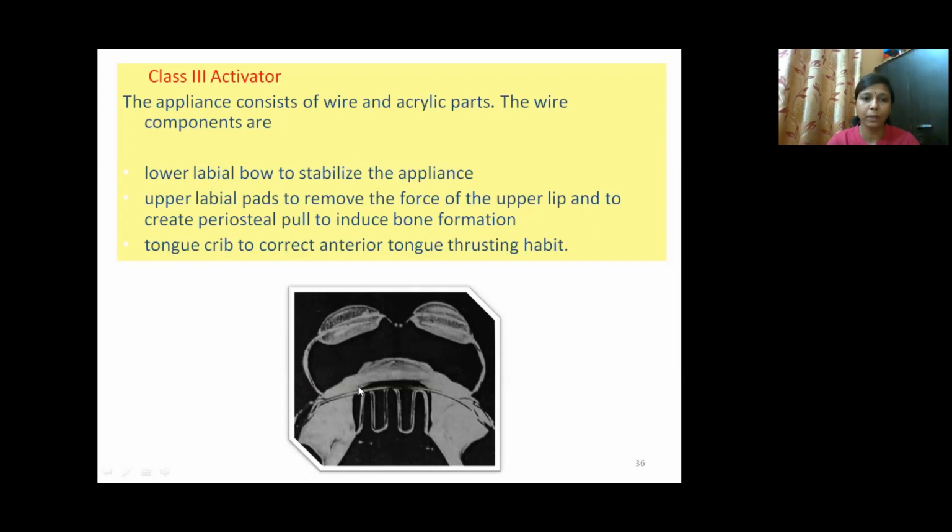Upper labial pads remove the forces of the upper lip and create periosteal pull to induce bone formation so that the maxilla will be able to grow forward. And a tongue crib may be attached to correct the anterior tongue thrusting habit, which is more evident in class 3 cases.